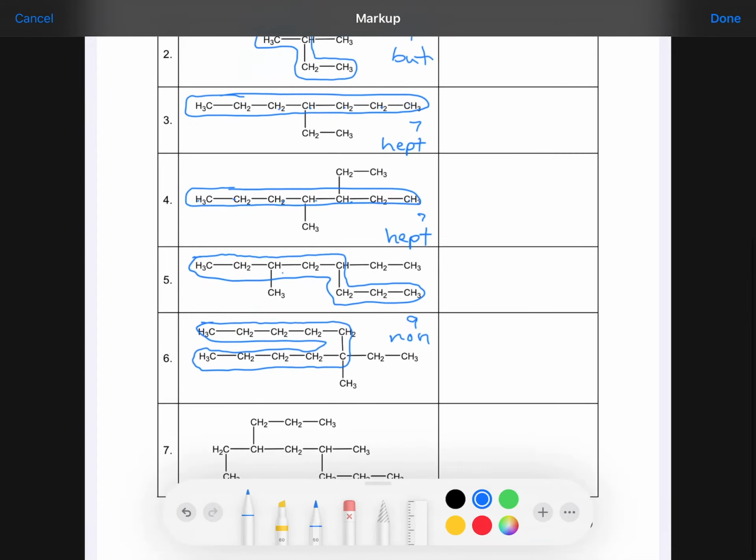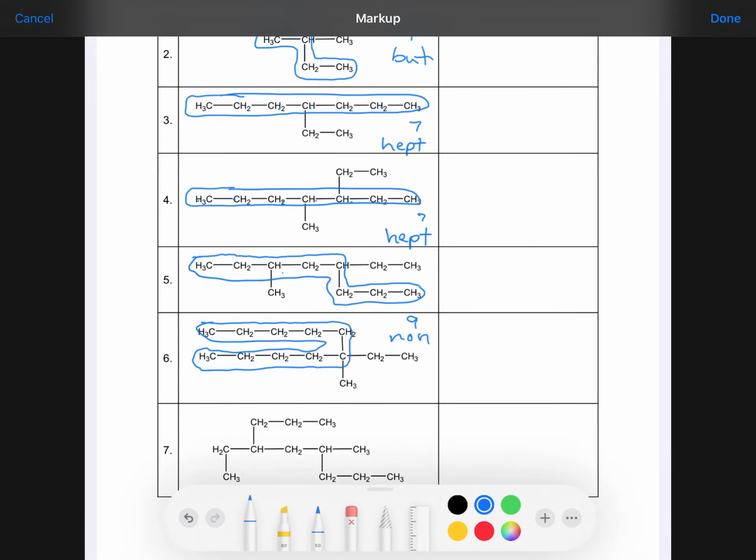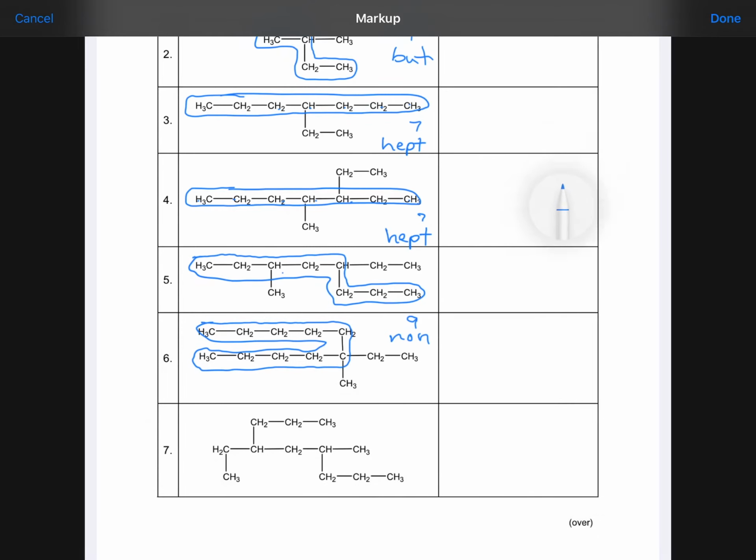And this one is pretty tricky too. I'm trying to see if I can bring that someplace else. There it is. 1, 2, 3, 4, 5, 6. 1, 2, 3, 4, 5, 6, 7, 8. 1, 2, 3, 4, 5, 6, 7, 8, 9.